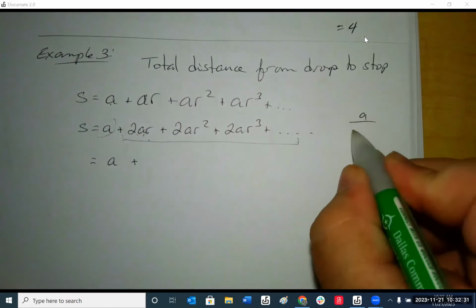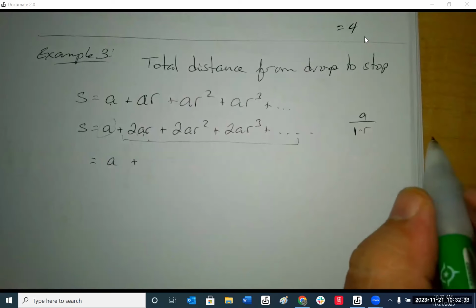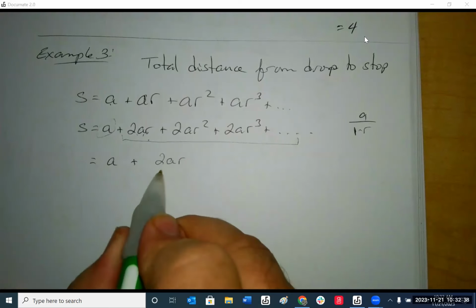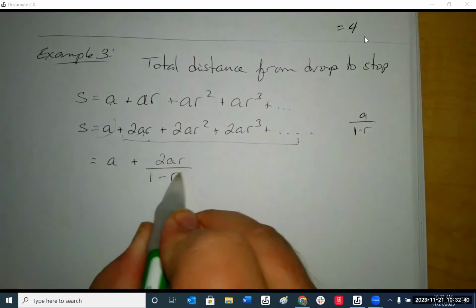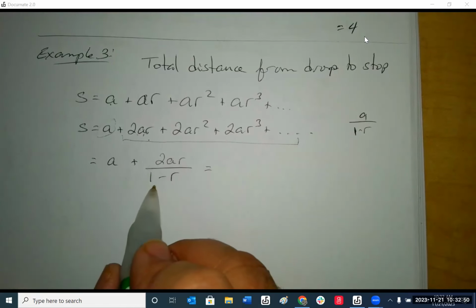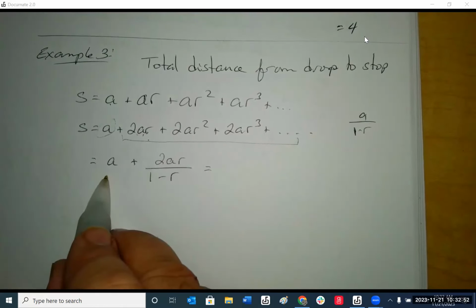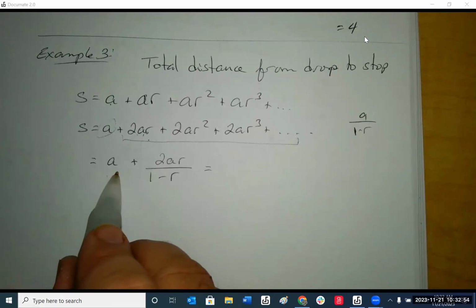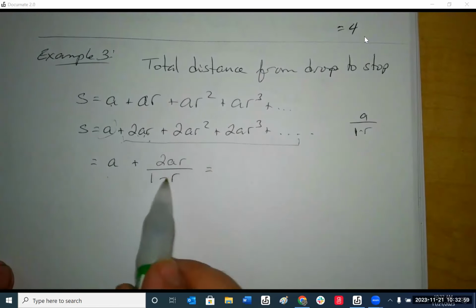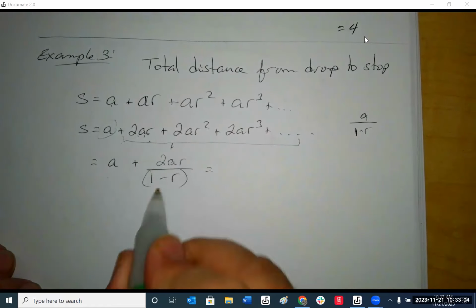Remember, it's A over 1 minus R. So it's 2AR over 1 minus R. Because that's the sum of all these. Just get a common denominator.